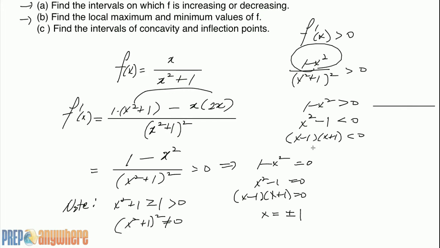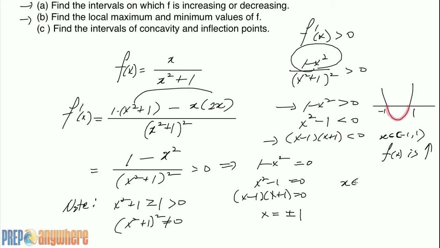This is a parabola. So it's positive when that's negative, meaning when x belongs to -1 to 1, f of x is increasing.